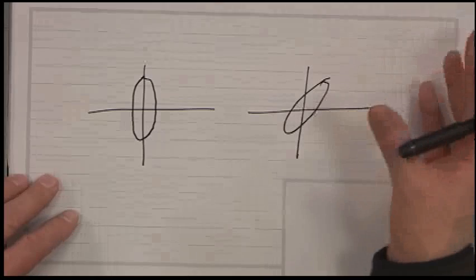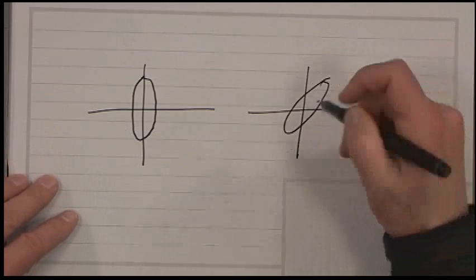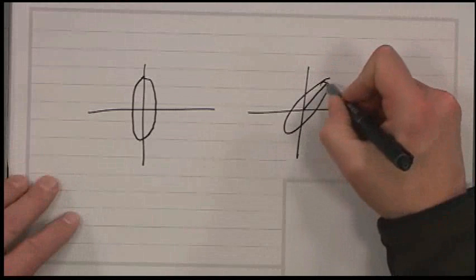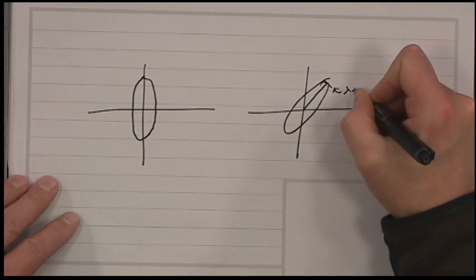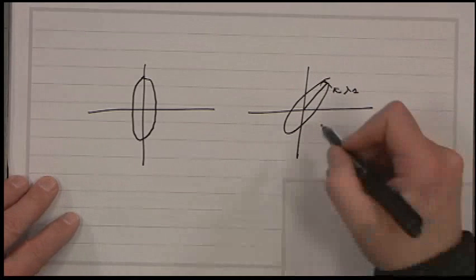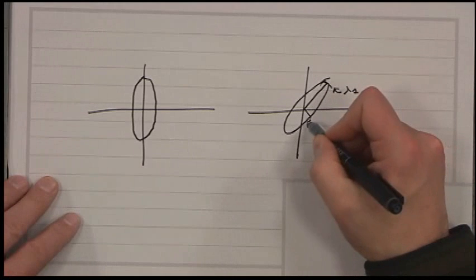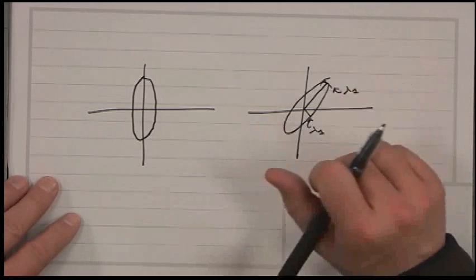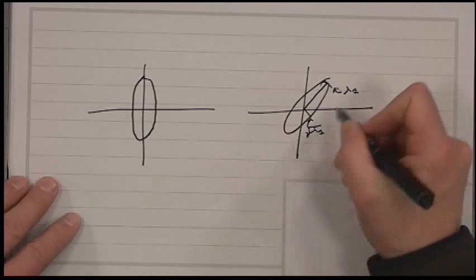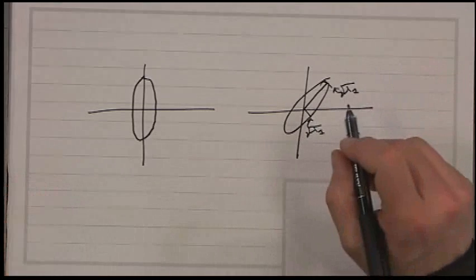Okay, so you have a rotated ellipse, okay? Now, this axis here, that distance, that's lambda 2, say, and this is lambda 1, but there's some angle. Square root. Square root. Yes, thank you. Thank goodness there's students in here to correct me.